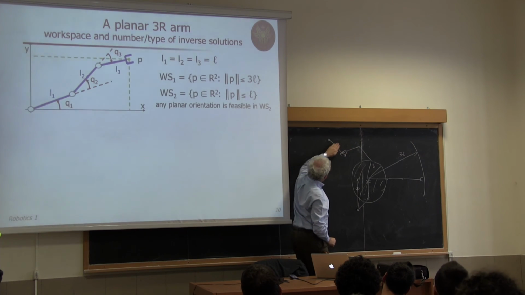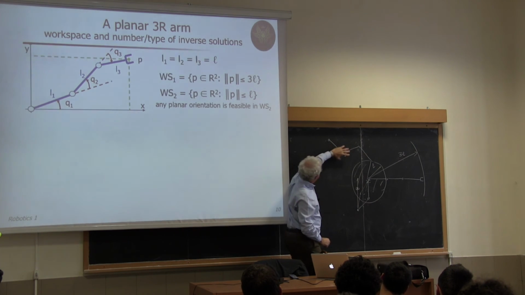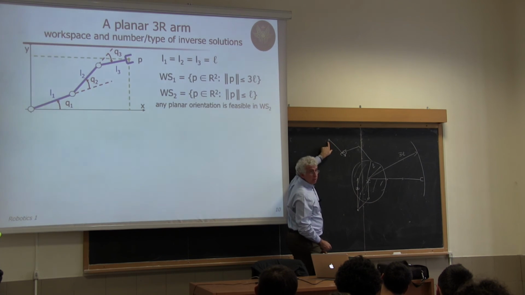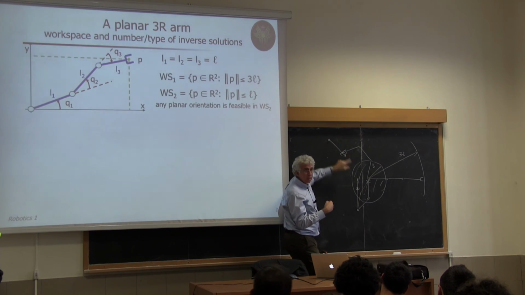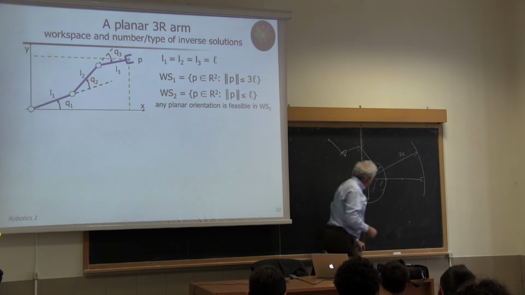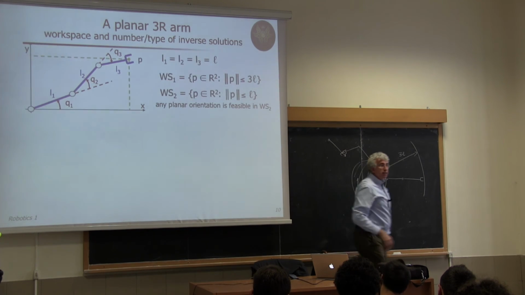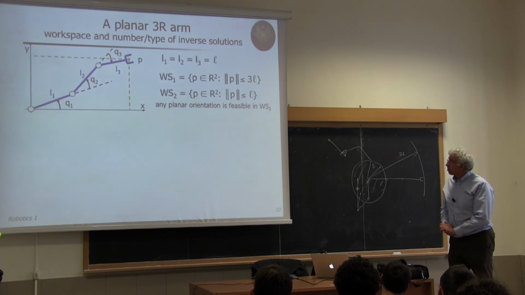But if I'm choosing any orientation in particular, which is the worst case, this point is out of the workspace of the 2-link subarm, so I cannot reach it. And so this is not feasible, and this defines the secondary workspace for this robot. Okay?